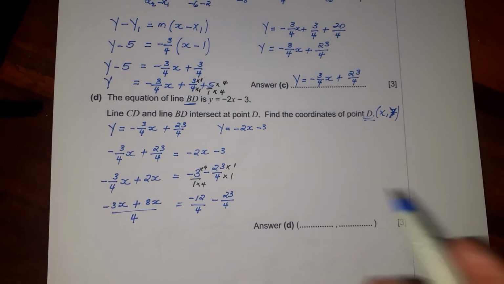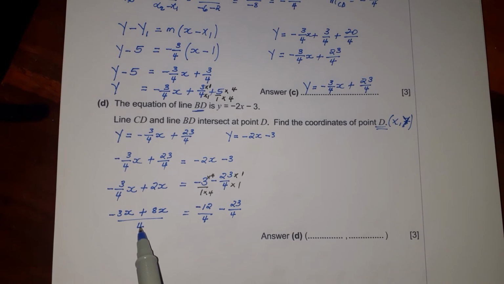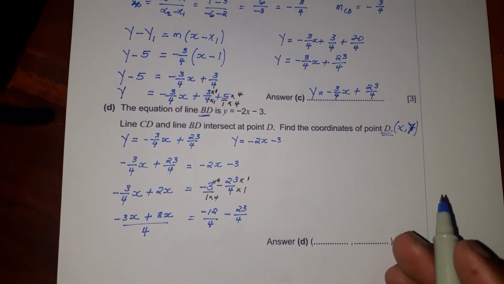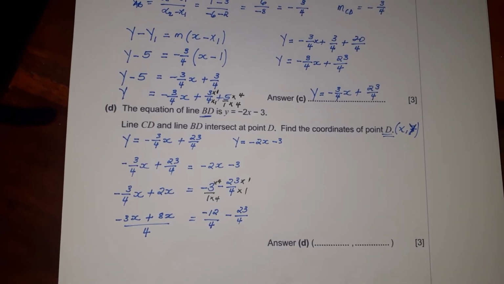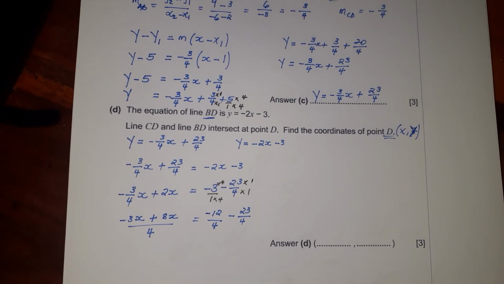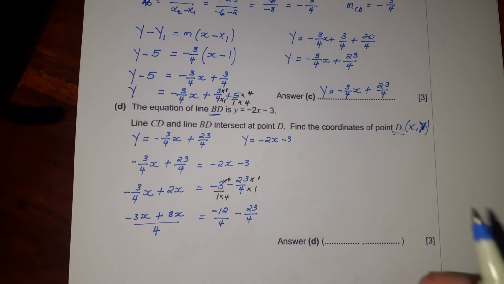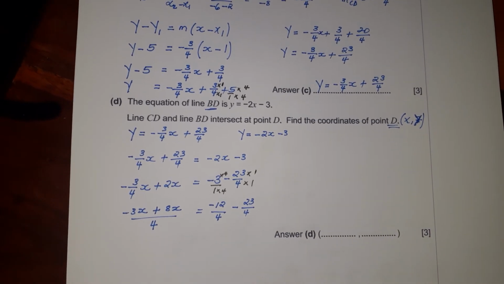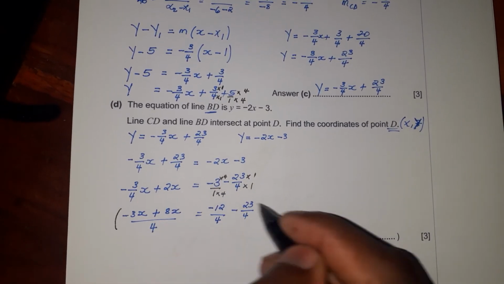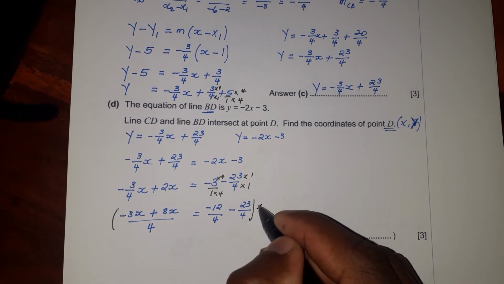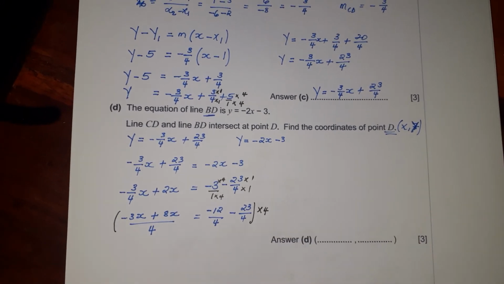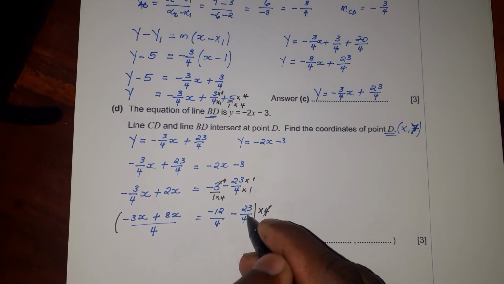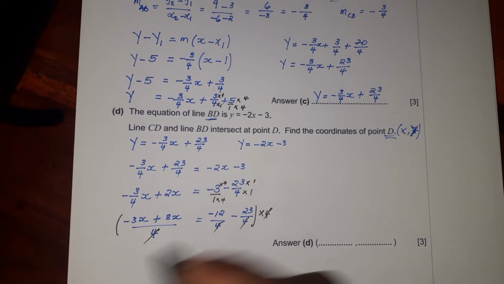Because we have the same denominator throughout, we can leave out the denominators. The reason why we can leave out the denominators, otherwise what we would do is put everything in brackets and then multiply throughout by 4. Then this 4 will cancel with these denominators.